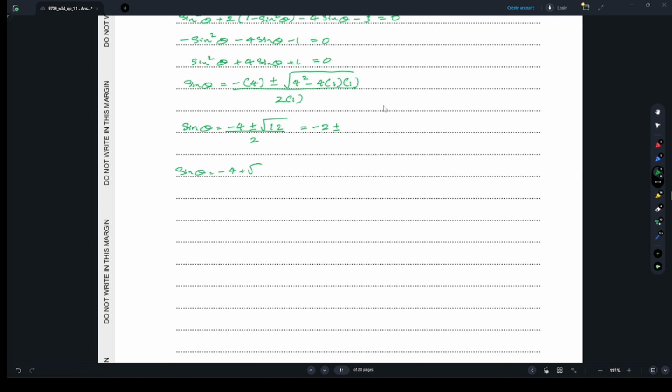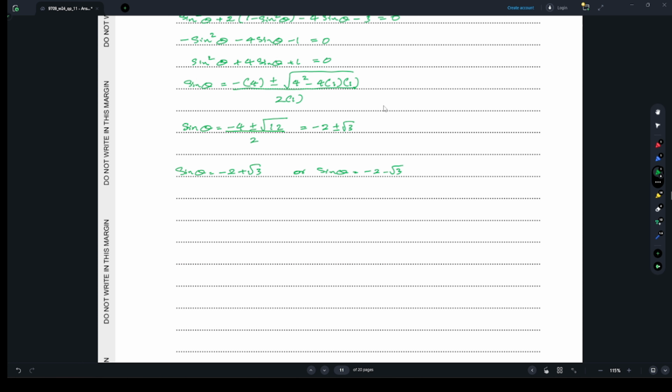So here we have sine theta equals minus 2 plus root 3, or sine theta equals minus 2 minus root 3.